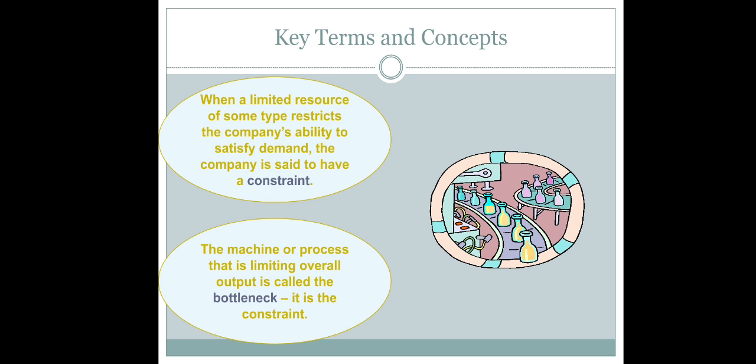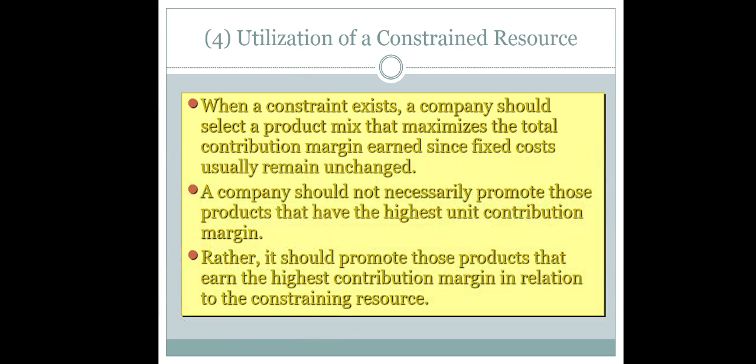Okay, so let's see. This is not very difficult. In the yellow box: when a constraint exists, a company should select a product mix that maximizes the total contribution margin earned, since fixed costs usually remain unchanged. Remember, the focus is on the contribution margin.